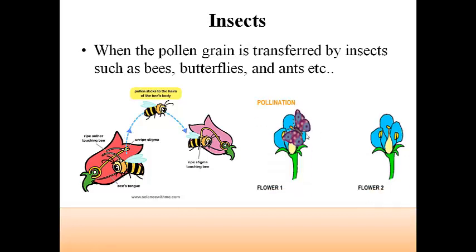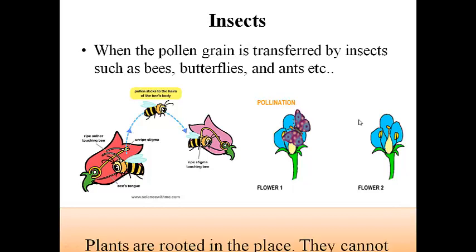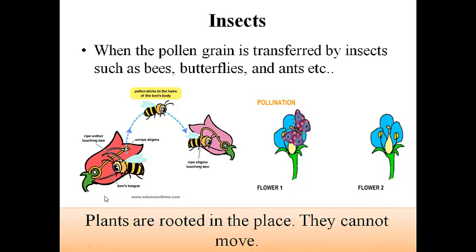And this is how butterfly helps in transferring pollen grain. Again, the same ideas are reflected below. That is, plants are rooted in a place, they cannot move. That's why an external agent, insects, is required to transfer pollen grains.